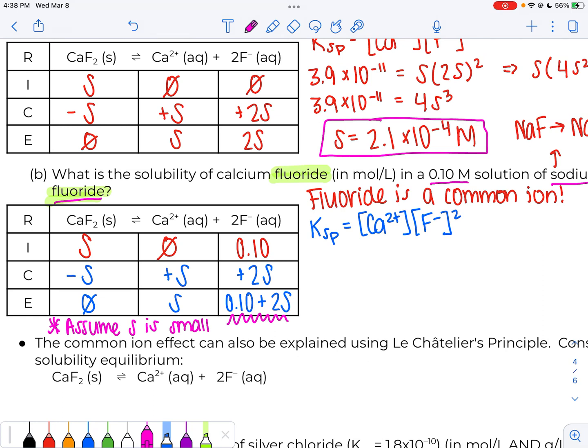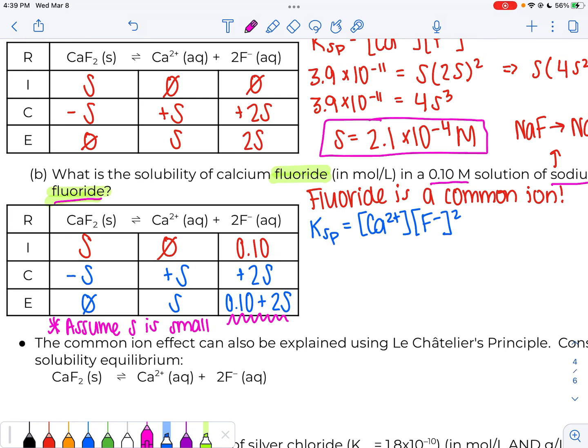We can always do checks as well for these assumptions to make sure that they actually work. If you forgot how to do that, go back and watch that other video or look back at our other lesson that talks about how we can make assumptions and when they're valid.